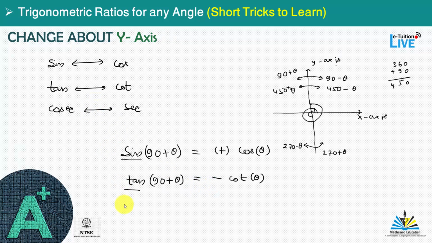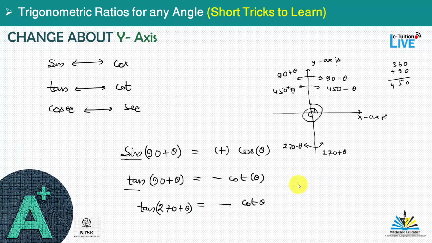Let's have another example, tan of 270 plus theta. Tan will change into cot theta, and 270 plus theta is in the fourth quadrant, and in the fourth quadrant tan is negative, so you need to apply a negative sign here.